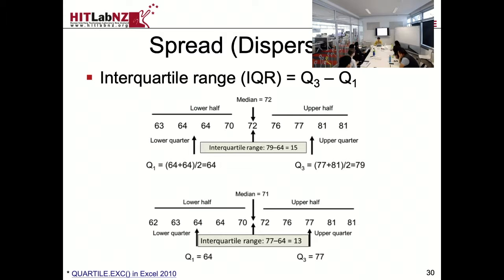And somebody else also, hopefully. So what is interquartile? It means we can divide the data set into four quarters: quarter 1, 2, 3, and 4. And the interquartile range is simply quarter 3 minus quarter 1.